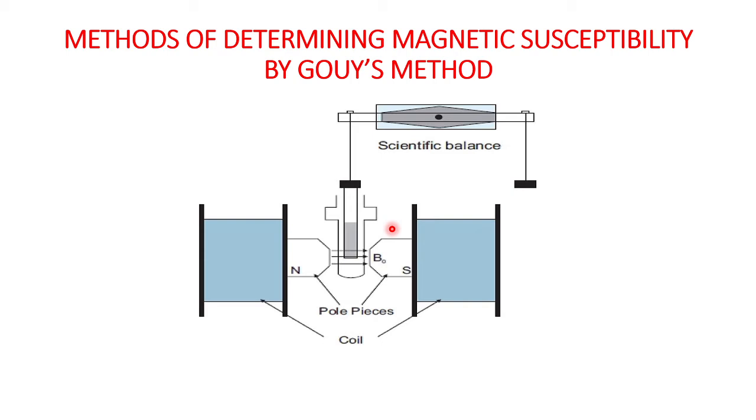As the number of unpaired electrons increases, the weight also increases. So by measuring how the weight changes with and without the magnetic field, we can determine the magnetic susceptibility using this Gauss tube.